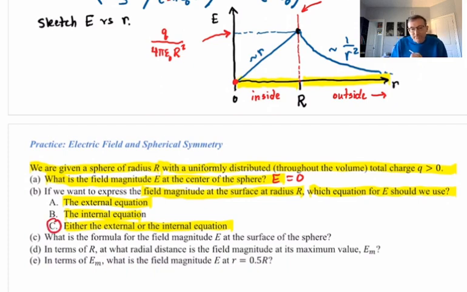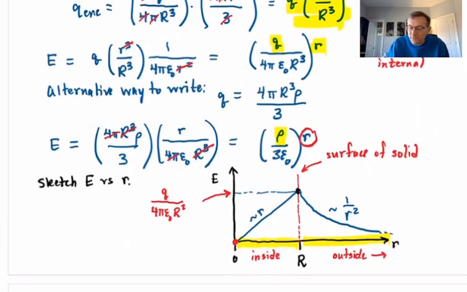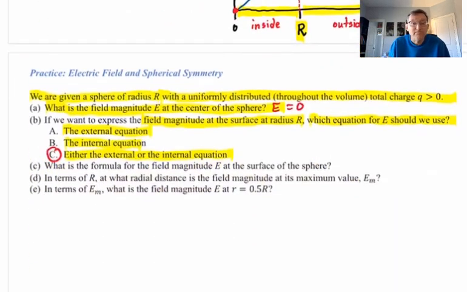You can use either, because as we showed in our graph, when you are at the surface of the sphere, little r equal to big R, the E field formula for the inside and the E field formula for the outside match. They're equal. They agree, because that's where they meet up. Okay? So you can use either. You'll get the same answer either way.